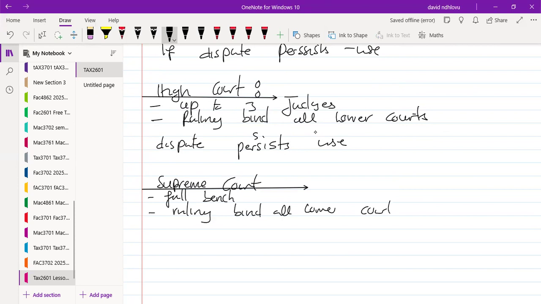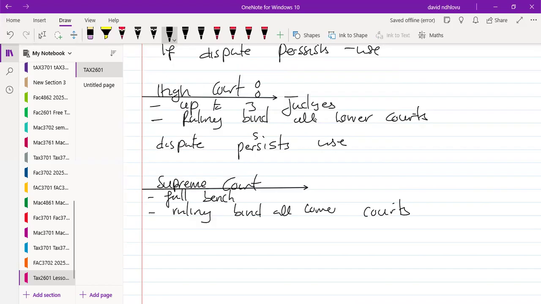So whatever was said in the lower courts is thrown out because a superior court is now sitting. If previously SARS won in the High Court and you take the matter to the Supreme Court and the taxpayer wins, it is settled. The High Court decision is rescinded.